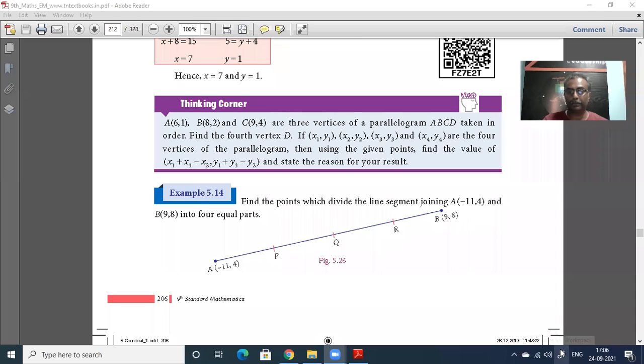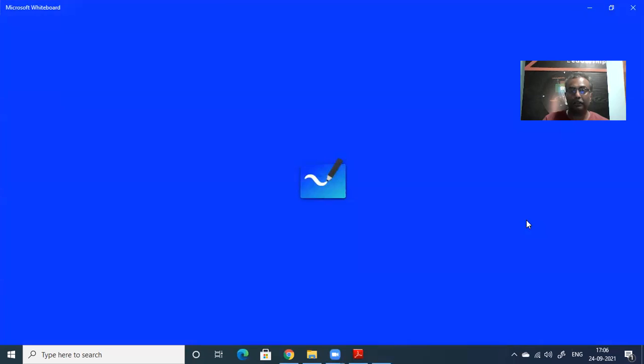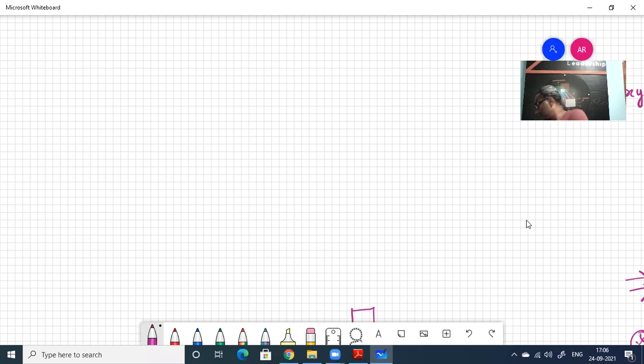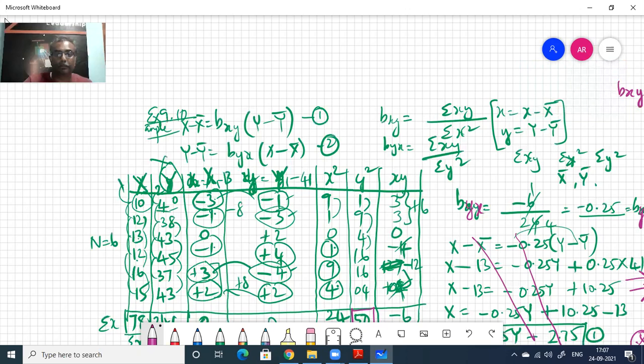Find the points which divide the line segment joining A. Okay, let's do it. 5.14 we are going to do now.